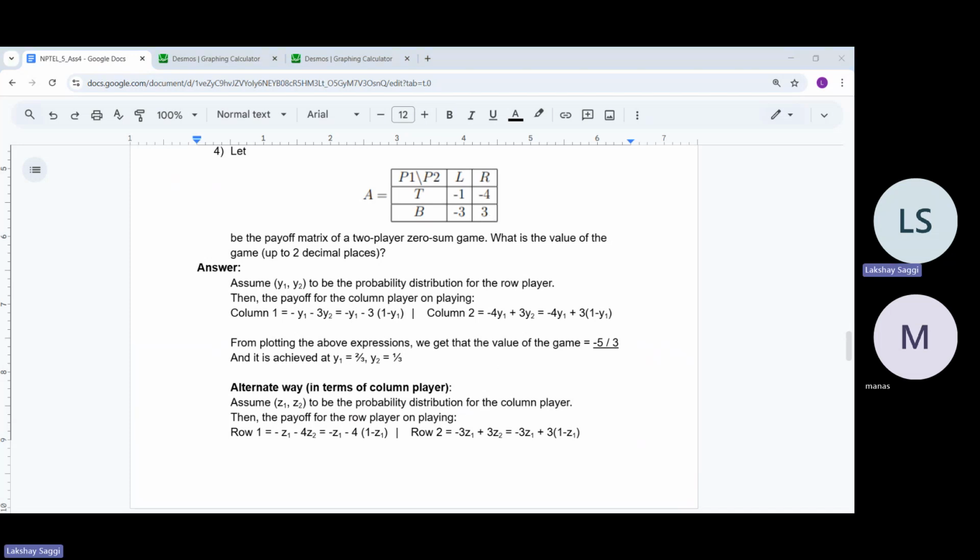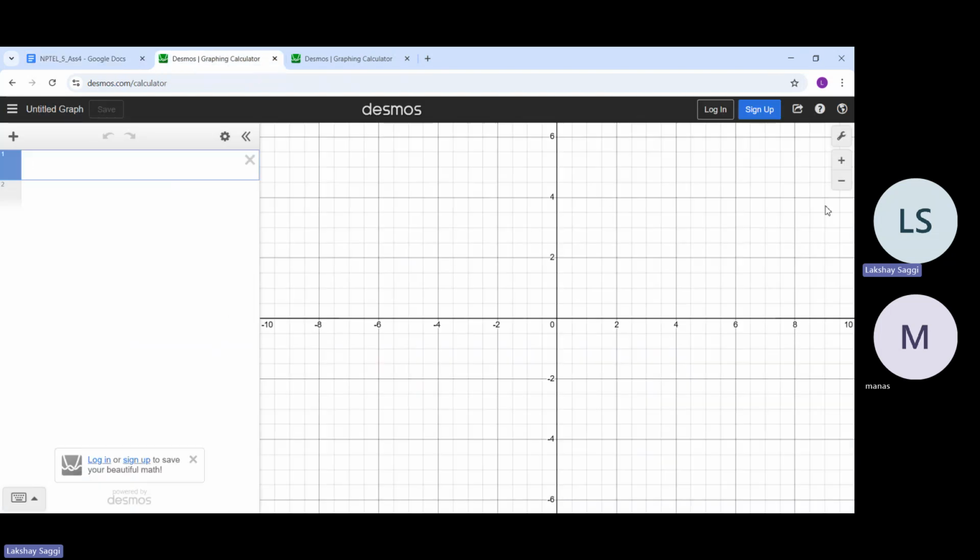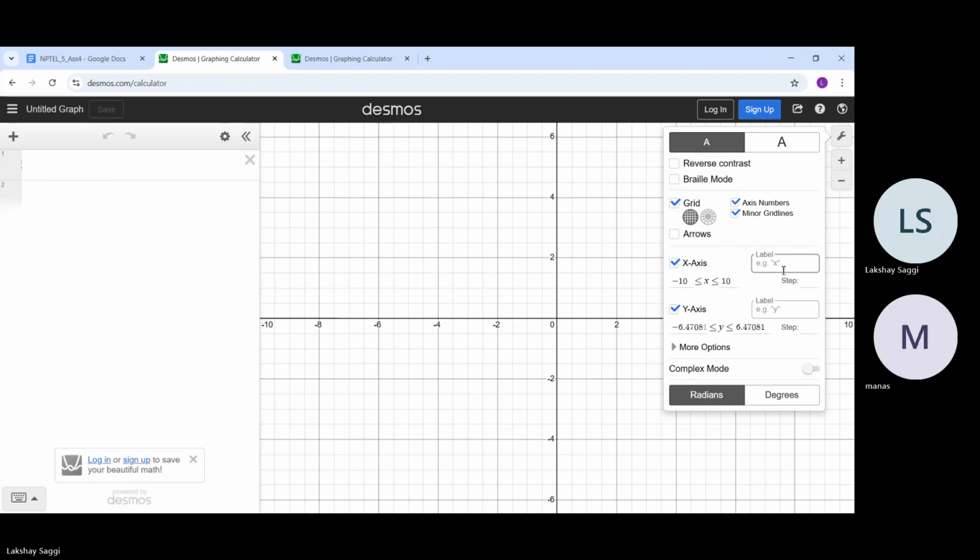And now maybe we'll just try to plot these expressions and see whether the answer for the game matches for us. So here the payoff will again be on the y-axis, and the Z1s are on the x-axis. On the y-axis we'll have the value of the game, and on the x-axis we'll have the Z1s.